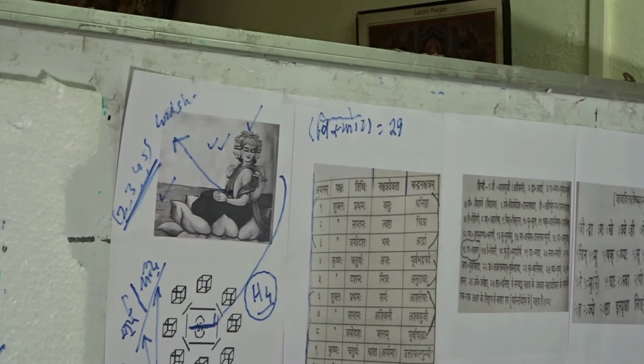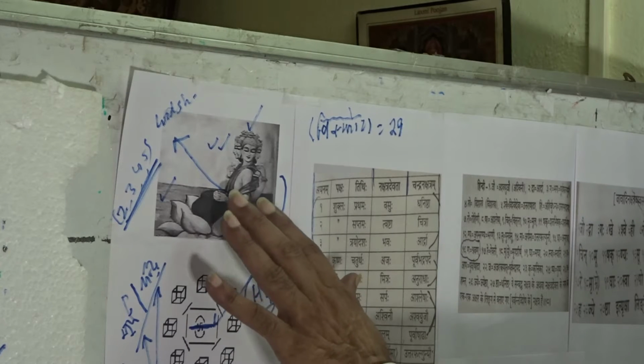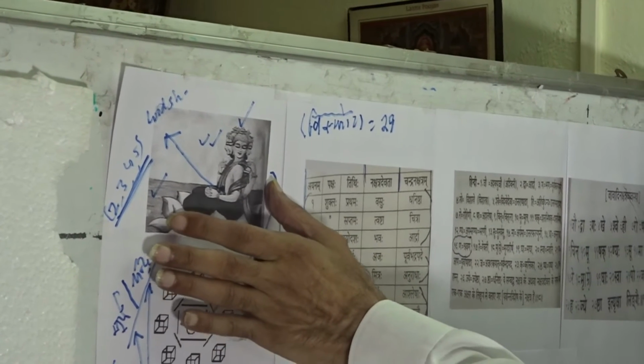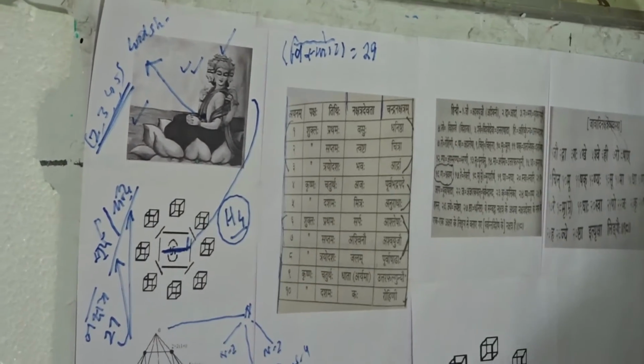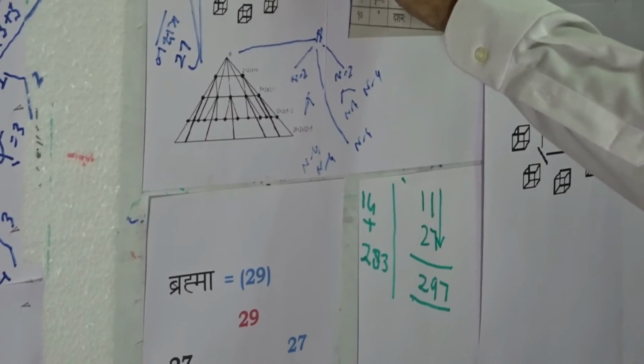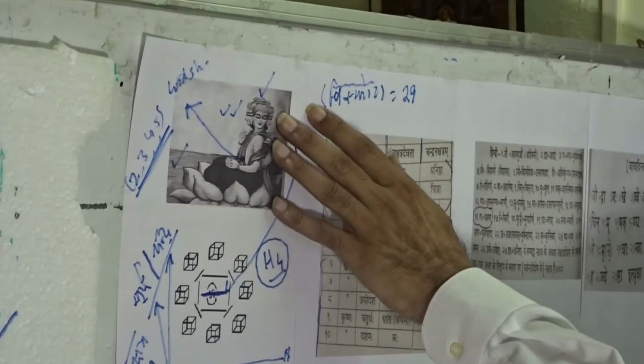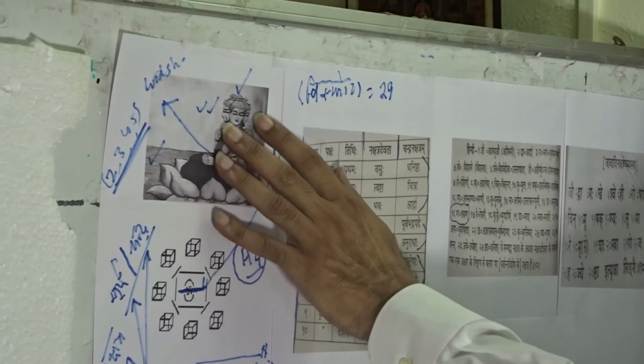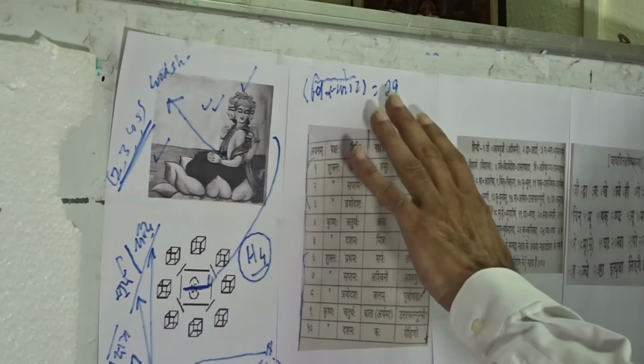Therefore, this formulation Brahma with TC value 29 is the value of the overlord Lord Brahma, and it is 29.